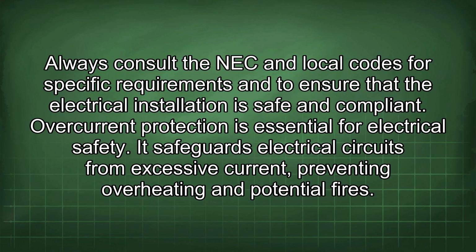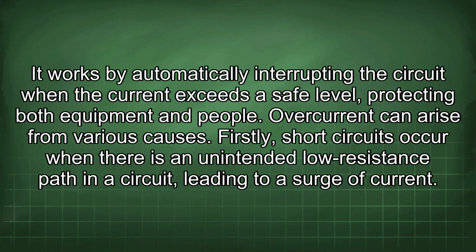It safeguards electrical circuits from excessive current, preventing overheating and potential fires. It works by automatically interrupting the circuit when the current exceeds a safe level, protecting both equipment and people. Overcurrent can arise from various causes. Firstly, short circuits occur when there is an unintended low resistance path in a circuit, leading to a surge of current.